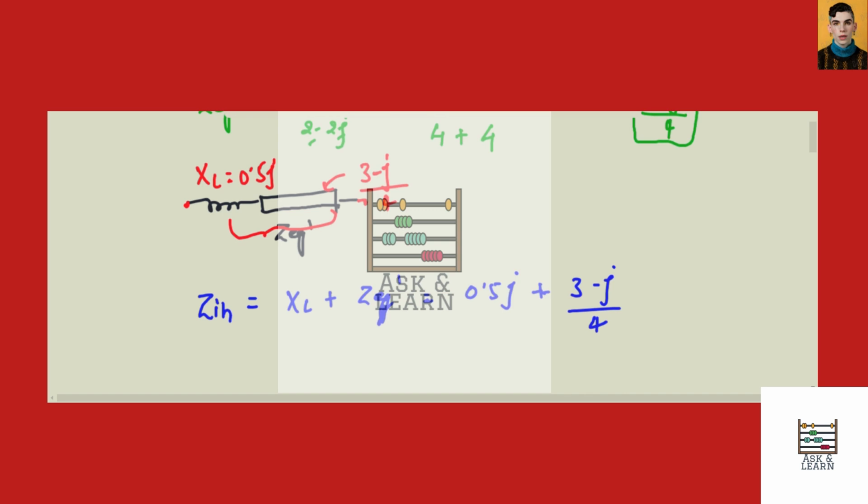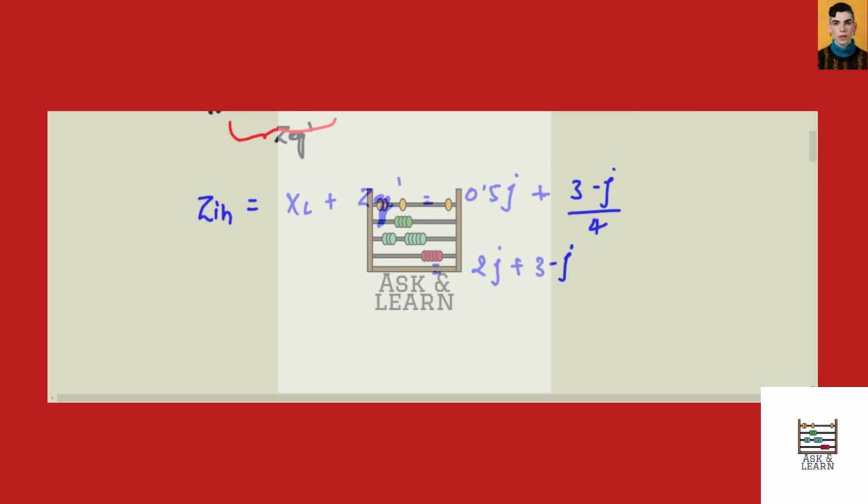So just simplify both of them. This will give 2j plus 3 minus j by 4, right? So this will give j plus 3 by 4, right? So this is our final answer.